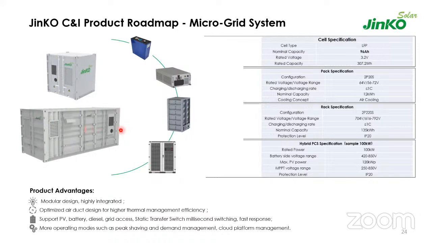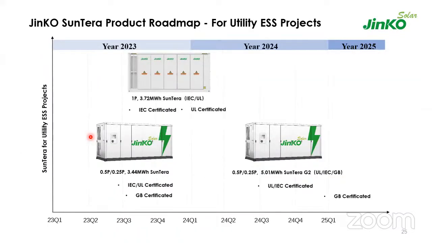That way, this 3.44 megawatt hour application is going to cover the utility scale segment, and it can be utilized for the C&I market also. This is what our SunTerra solution looks like, with compliance requirements as per UL and IEC. It is a 20 feet container that can operate at 0.5C or 0.25C, with a 5 megawatt hour SunTerra solution expected for 2024.